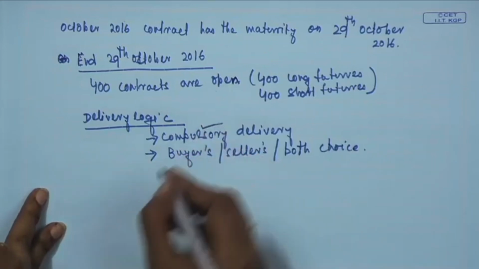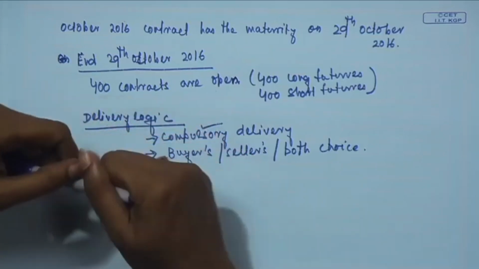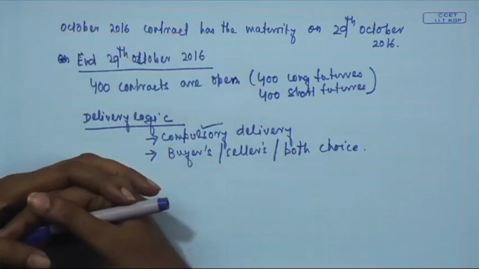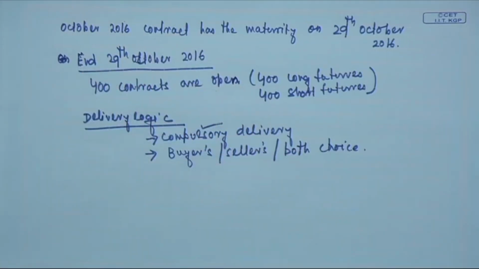In compulsory delivery, the buyers have to take delivery and sellers have to deliver the underlying. Underlying means sellers have to deliver the warehouse receipt.